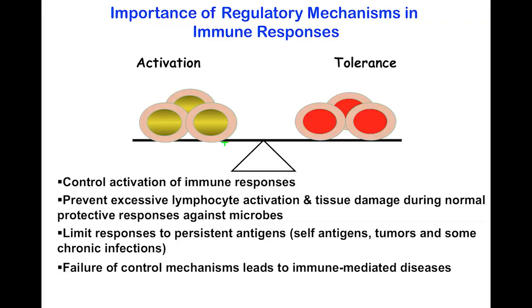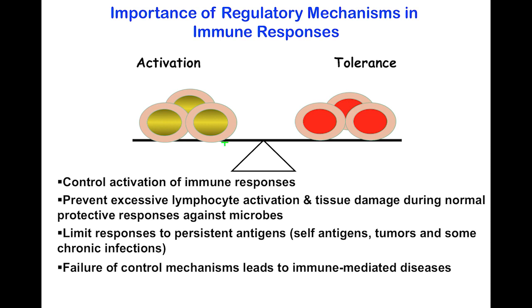The responses to pathogens are gone when the pathogen is eliminated, but there are also active mechanisms that balance activation and control. And that's what we're going to be talking about this morning, that there's a balance in the immune system.